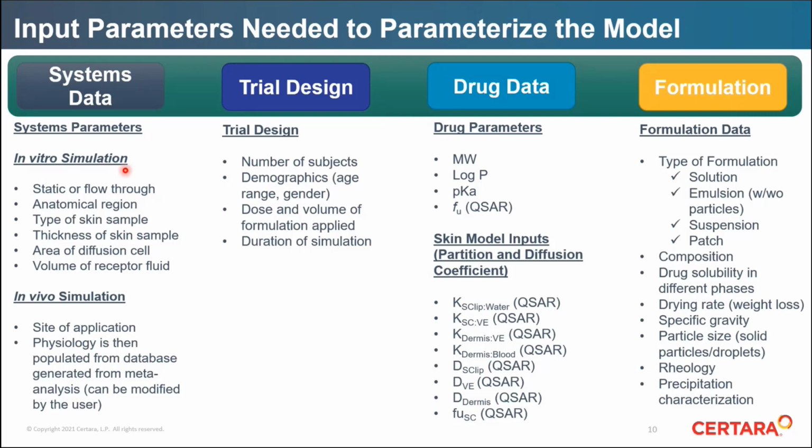You can select what skin anatomical region you want to simulate, either back or forehead or those kinds of anatomical regions. You can define the thickness of the skin sample, the area of the diffusion cells, and the volume of receptor fluid. For in vivo simulations, of course, you replace all these parameters with the underlying physiology of viable epidermis, dermis, and further tissues.